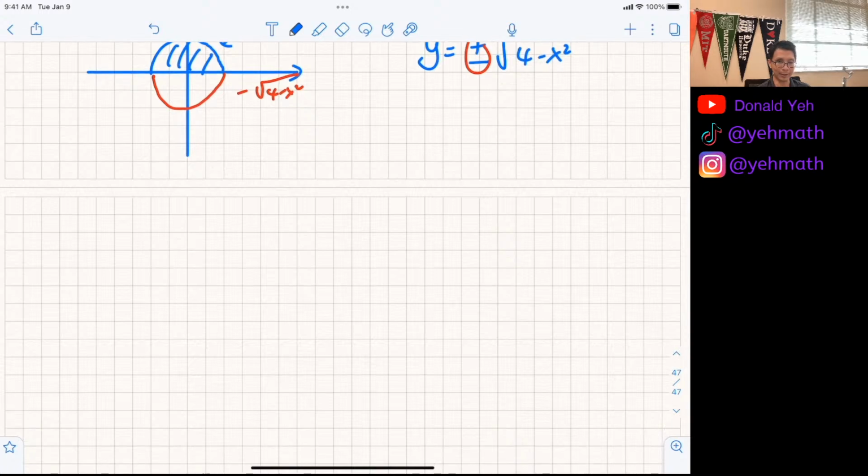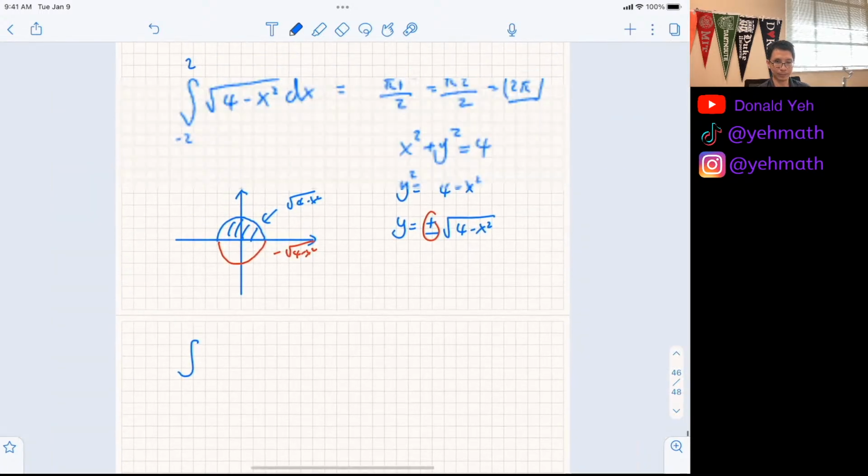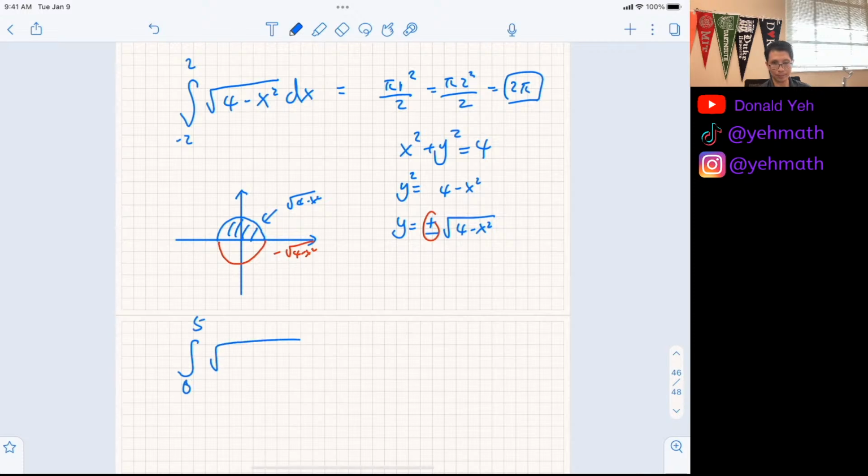I'll give you a practice. Wait, can you scroll back? What do you think the answer of this one is? It will be on the test. You have to figure it out.